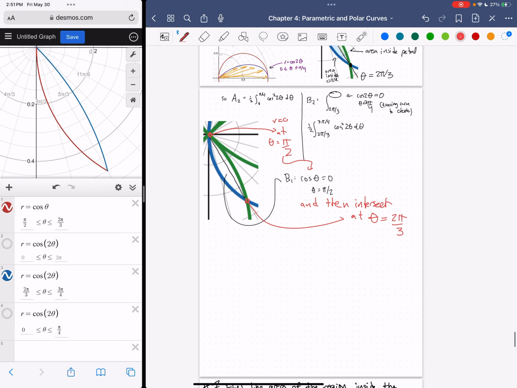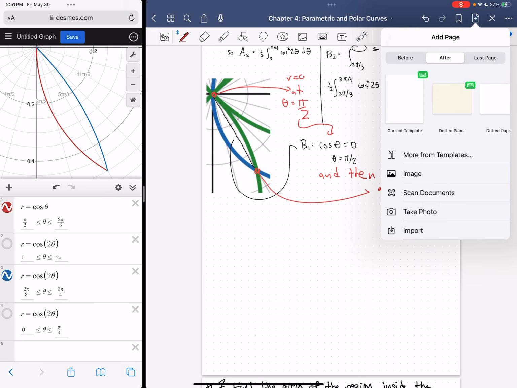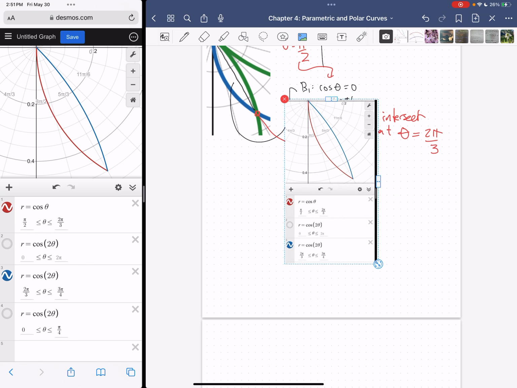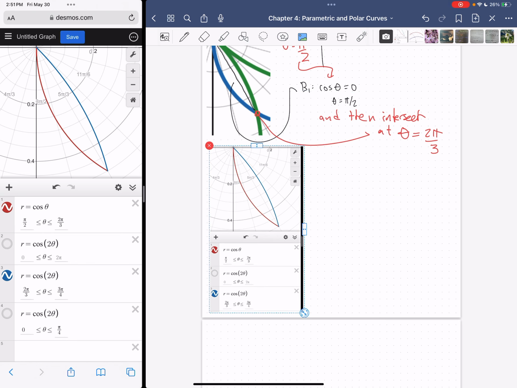I really can't recommend Desmos for this kind of thing highly enough, just to make sure that you've got the right bounds of integration, because otherwise it gets messy. There we go. So that means that our area B1 is 1/2 that integral from pi over 2 to 2 pi over 3 of cos squared theta d theta.